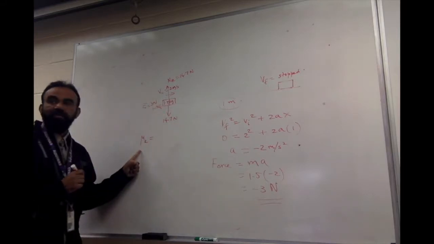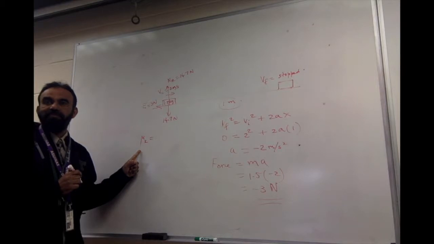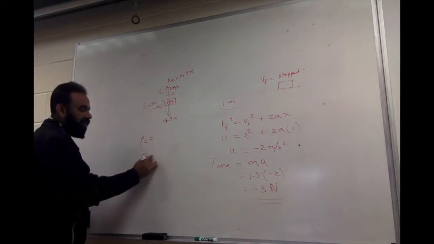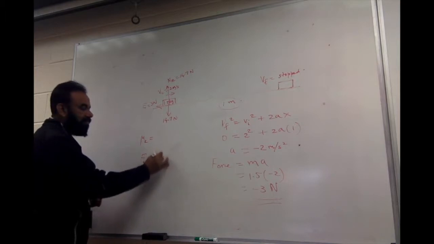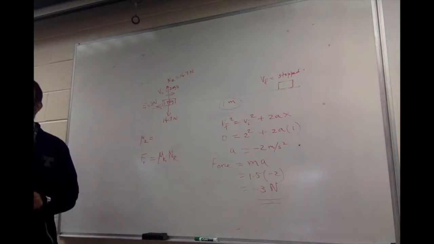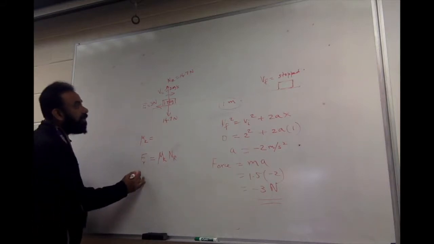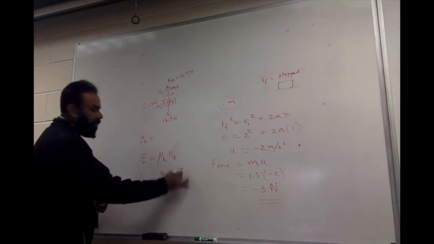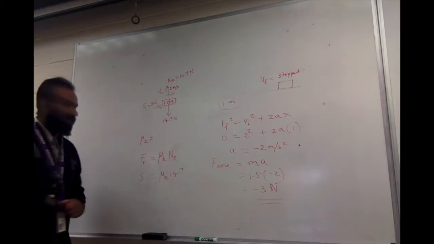Can you find this now? What equation are you going to use? Friction is equal to... You have done this equation before. Alright, go ahead. So 3 is equal to mu k times 14.7, because you know the normal reaction is 14.7. So find out mu k.